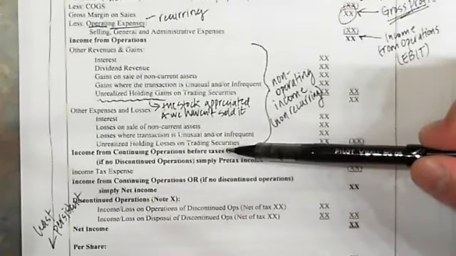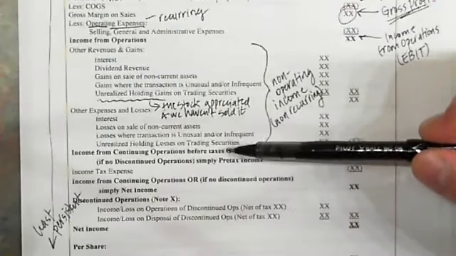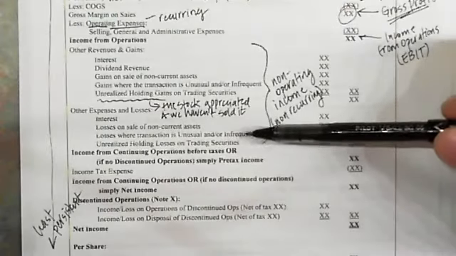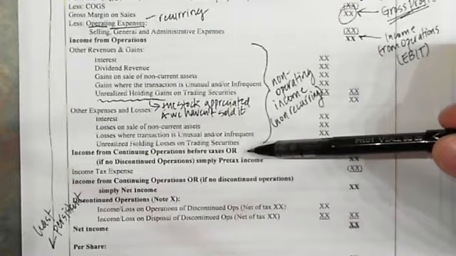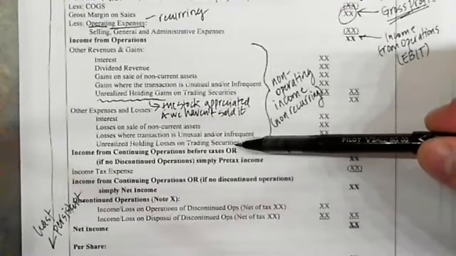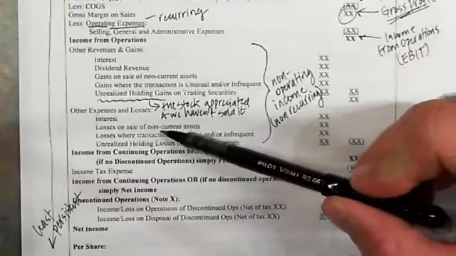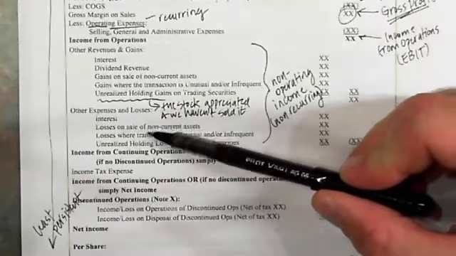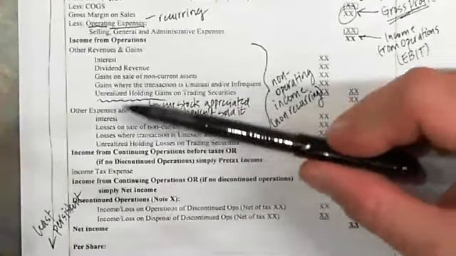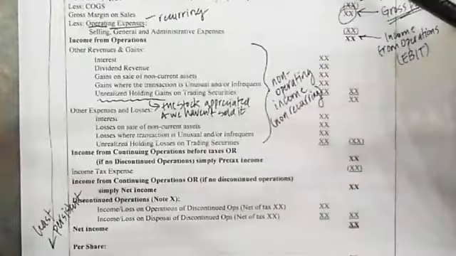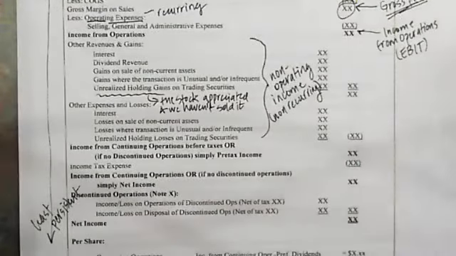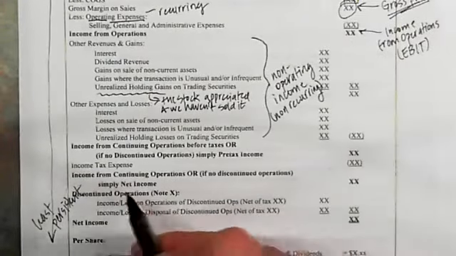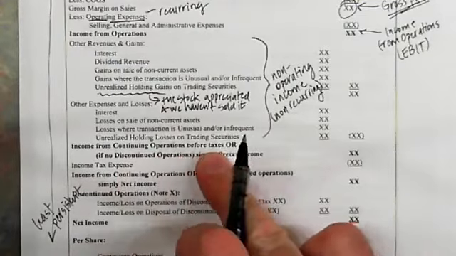We haven't sold it, but we still recognize that loss because we would also adjust the balance sheet value downward. So what happens if we actually sold the trading security? Well, that would be a loss on the sale that we would recognize in this other revenues and other expenses. Right?